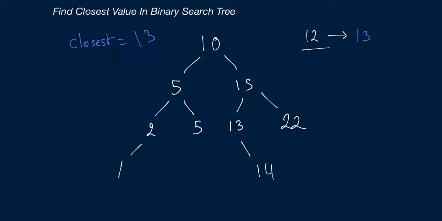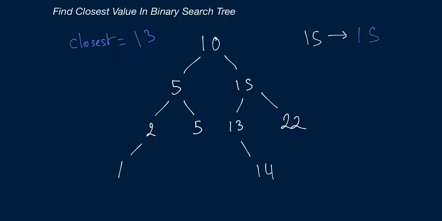So, let's say that instead of 12, we were looking for the closest value to 15. Well, here the answer would be 15, because 15 is actually contained in the tree.